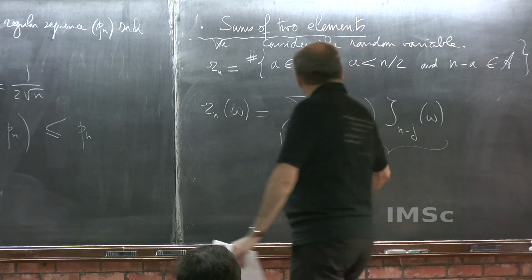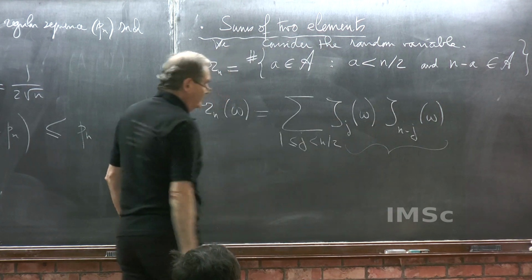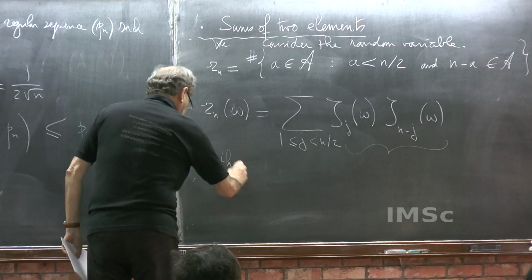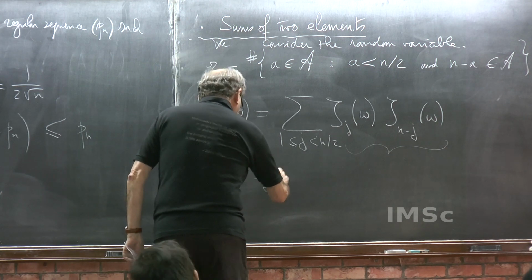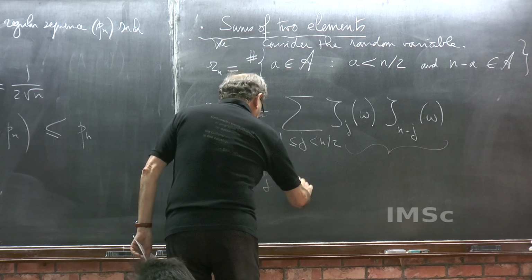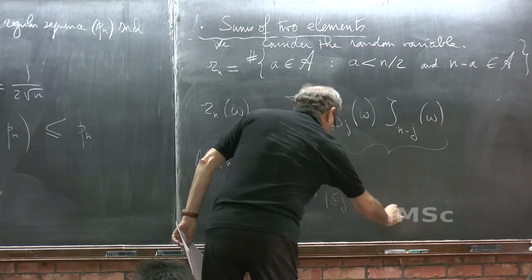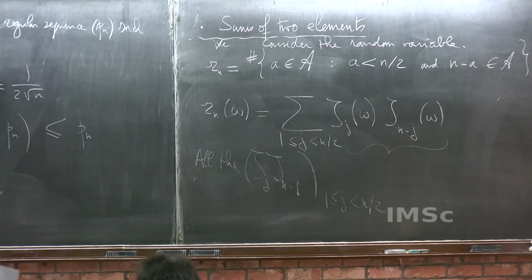Okay? So not only psi j and psi n minus j are independent, but all the psi j, psi n minus j for j between 1 and n over 2, all these random variables are independent.